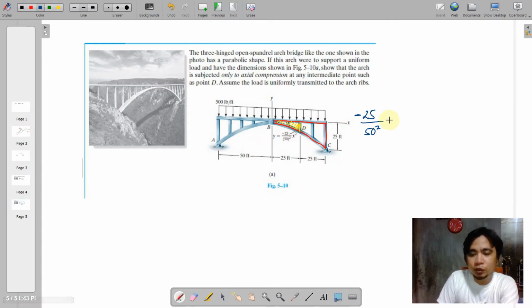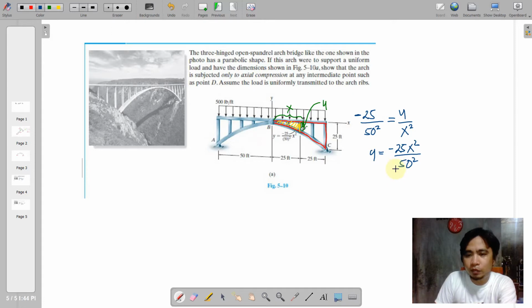And then this will be further equated to the smaller spandrel. So if this small dimension here is y, and this is x, we can say that y is to x squared. So by cross multiplication, solving for y, we have this equation.